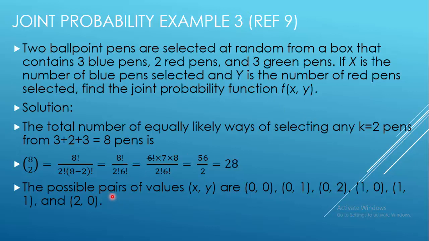In this case, the possible pairs of values are 0 0, 0 1, 0 2, 1 0, 1 1, and 2 0. Why is that so? Because the number of pens we pick is 2, so we cannot have any combination where the total exceeds 2.